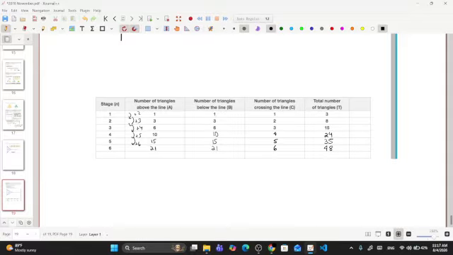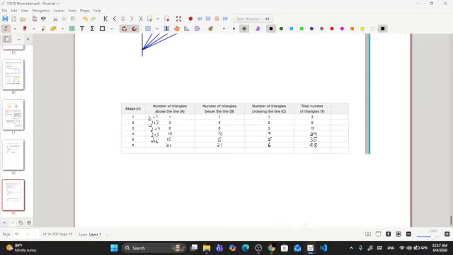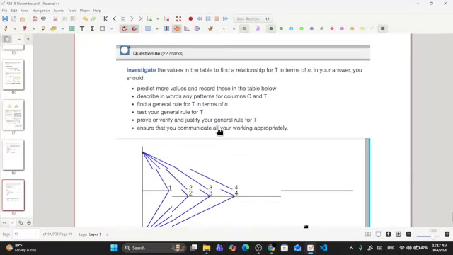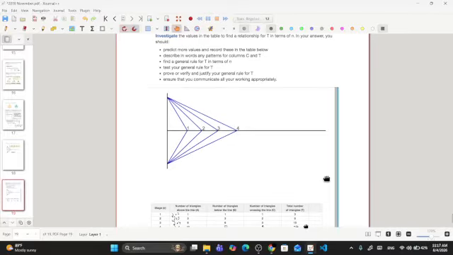Make sense? Let me just bring this down. Okay, there's no need essentially. So we're done with the prediction.